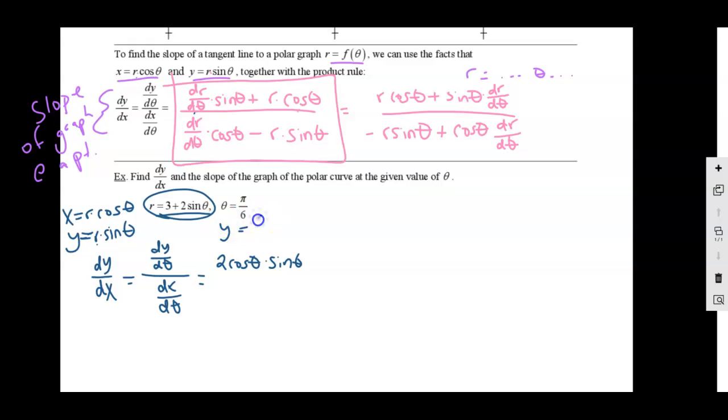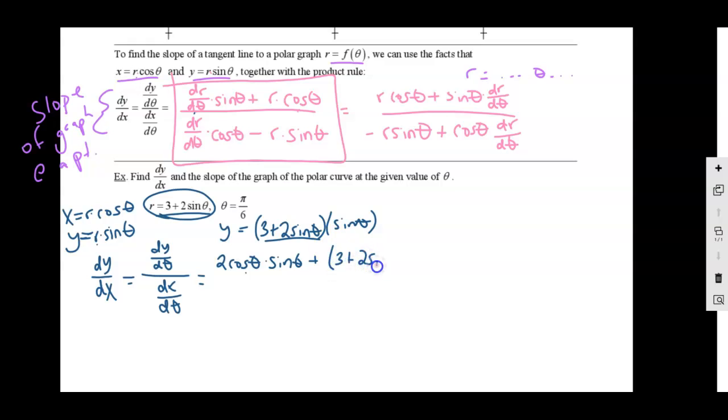Might as well. Like y equals 3 plus, this may help you, so that way we're not looking all over the place. Y is r sine theta. And then here we're just going to be doing this product rule. The derivative of the first times the second plus the derivative of that second, again, is cosine theta times the first. So I'm just going to copy 3 plus 2 sine theta. Really doesn't matter which order you write it.